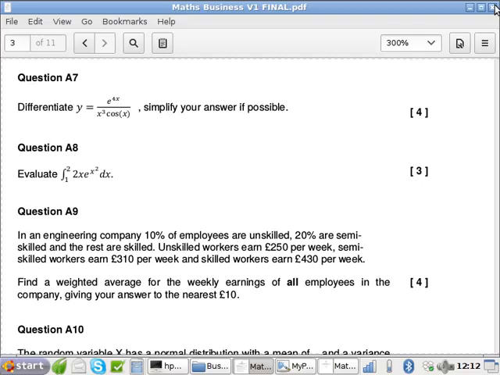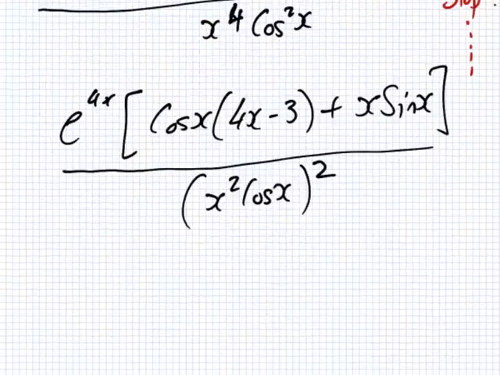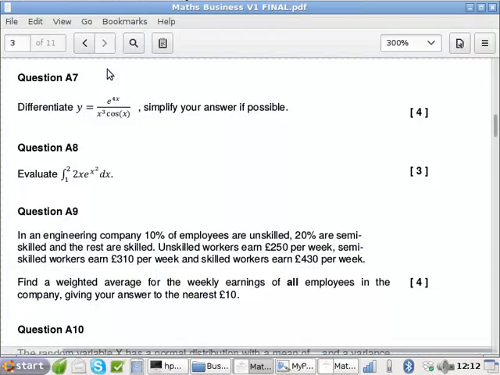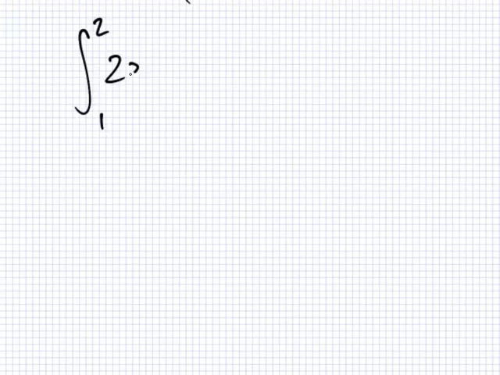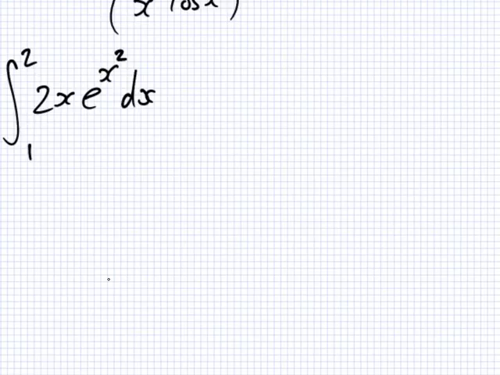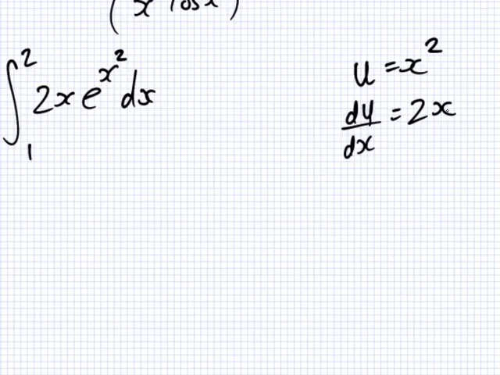We can look at it now. First we say u equals x squared. du/dx equals 2x. du over 2x equals dx.